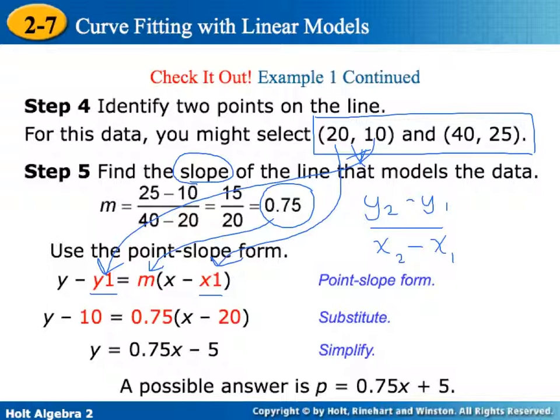Then I wanted to get it into slope-intercept form, so I distributed the 0.75 to both of the things in the parentheses that followed. I added 10 to both sides of the equal sign, and what I ended up with was this equation in slope-intercept form. So this line has a y-intercept of -5 and a slope of 0.75.